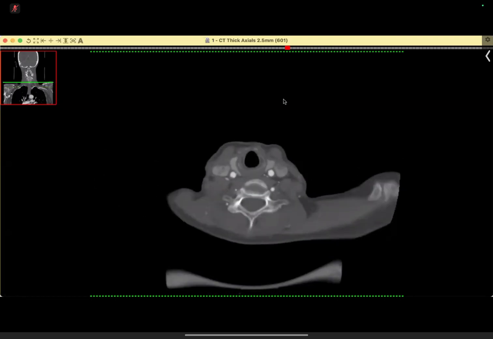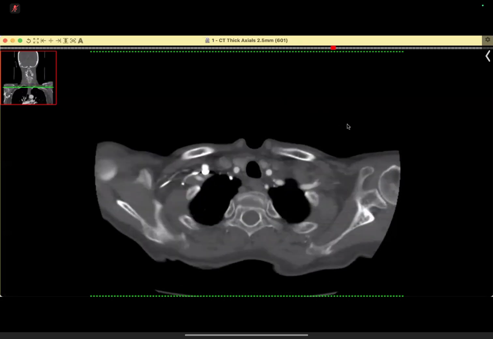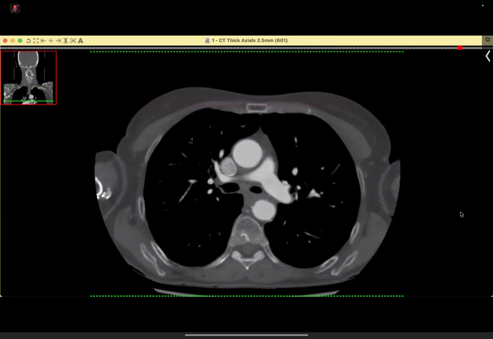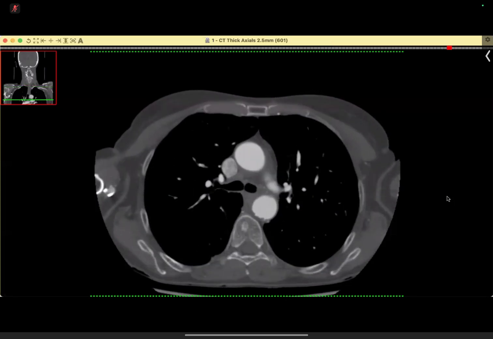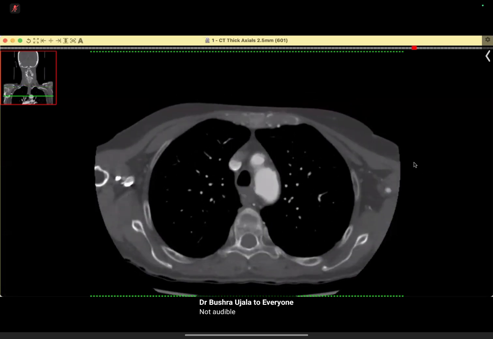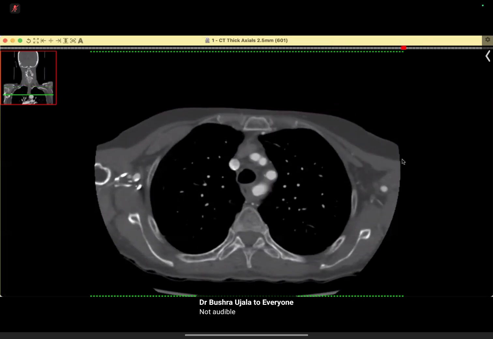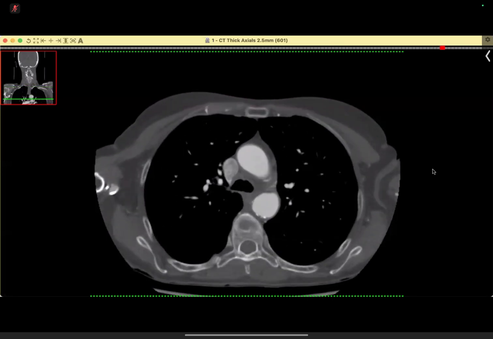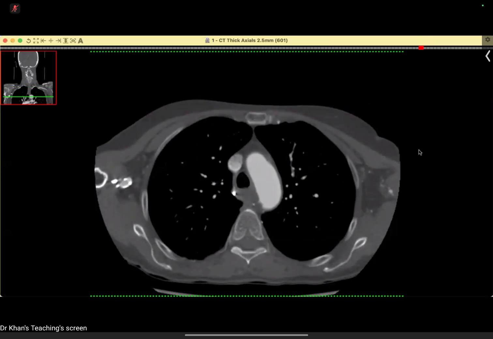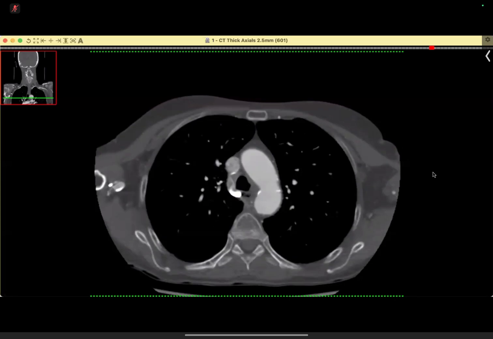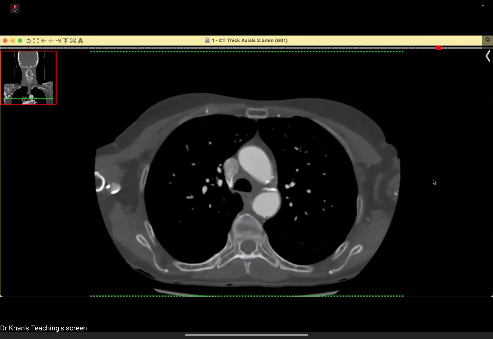Okay, look at the arch of aorta once again. There is sclerotic calcifications and minimal wall thickening of the arch of aorta.